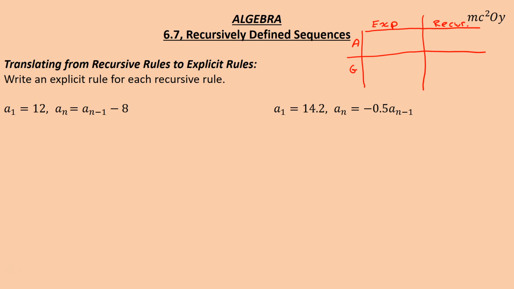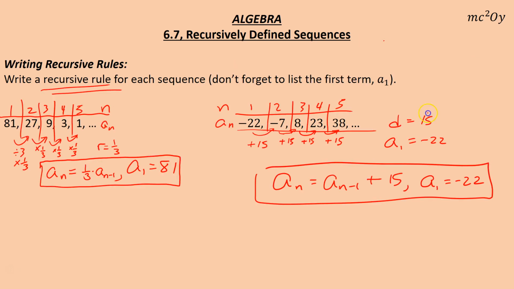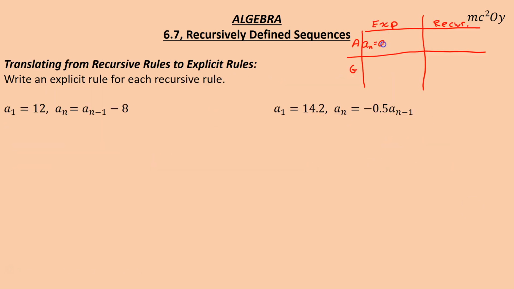My explicit rule for arithmetic is a sub n is equal to, excuse me, I was doing the recursive rule. My explicit rule: a sub 1 plus n minus 1 times d. Okay.